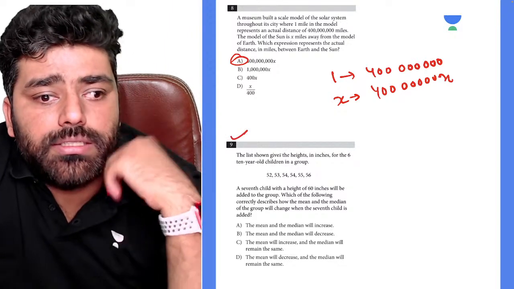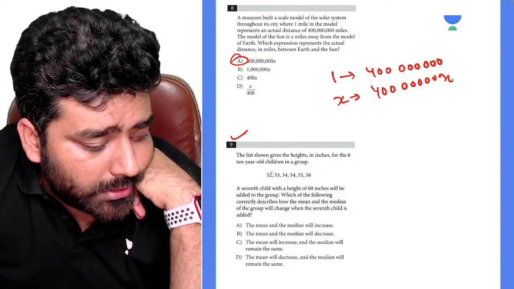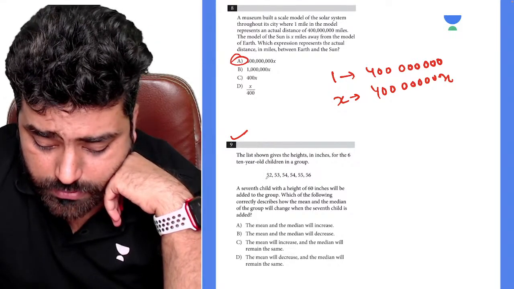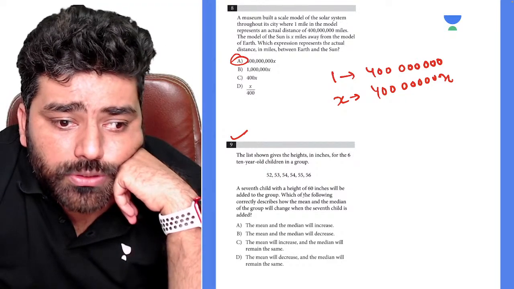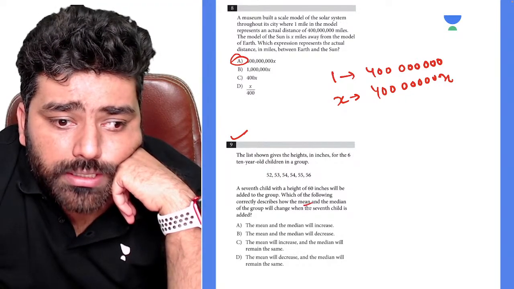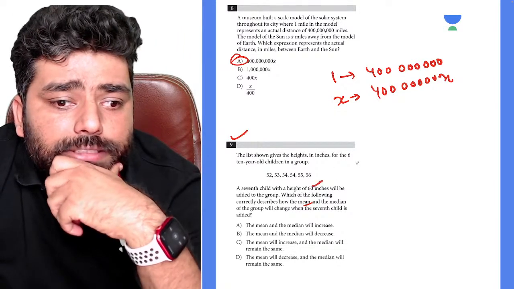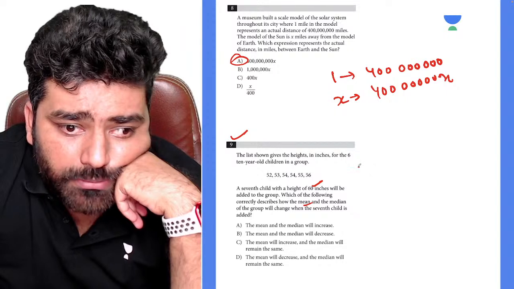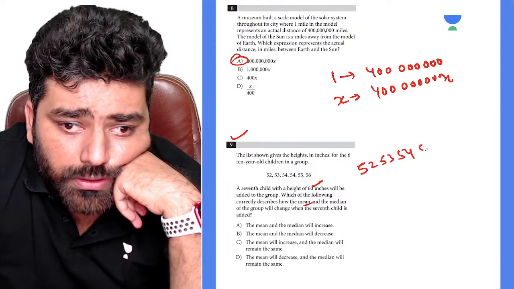Question number 9. The list shown gives the height in inches for the 6 ten-year-olds. Guys, you can ask me if you have any doubt, anytime. Which of the following correctly describes how the mean and the median will change when the 7th student is added? We added the 7th, 60, right? First of all, you can find the mean: 52, 53, 54, 54.